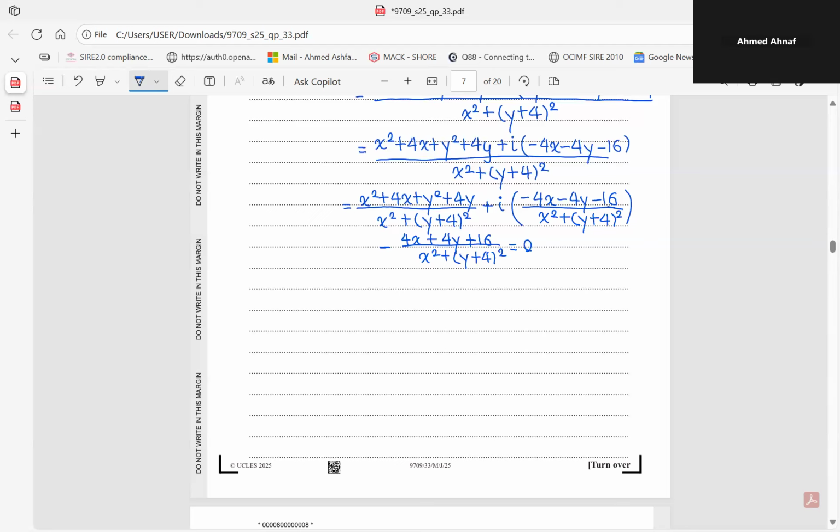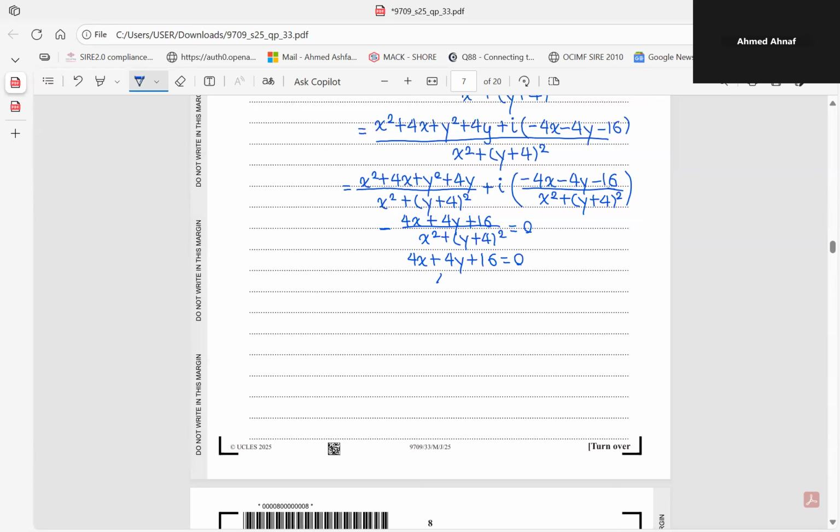So multiplying by negative 1 times the denominator, you'll get 4x plus 4y plus 16 equals 0, and you'll get 4x plus 4y equals negative 16.